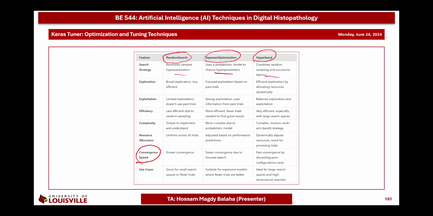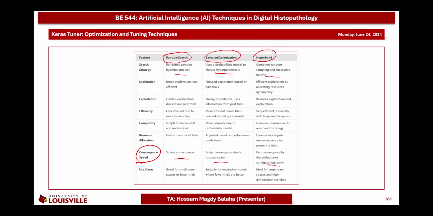For the random search, it's slow. For the Bayesian optimization, it's faster. And for the hyperband, it's fast. So, depending on the speed, the Bayesian optimization wins. But mainly, selecting between them will depend on the use case or the application in hand.